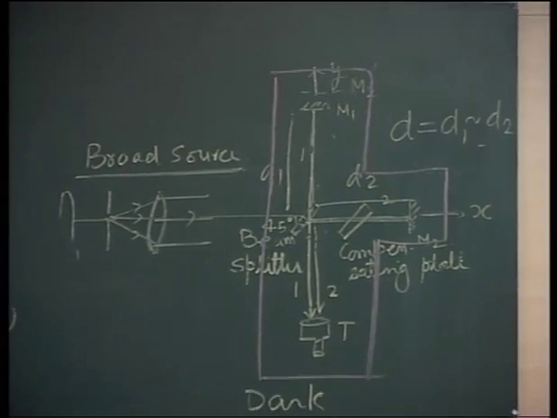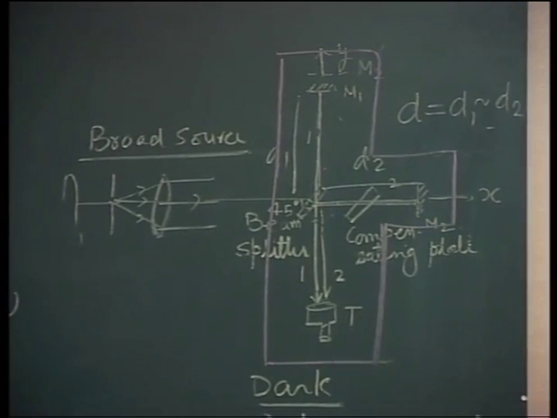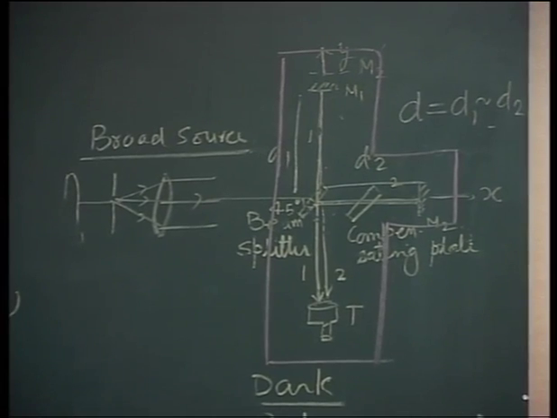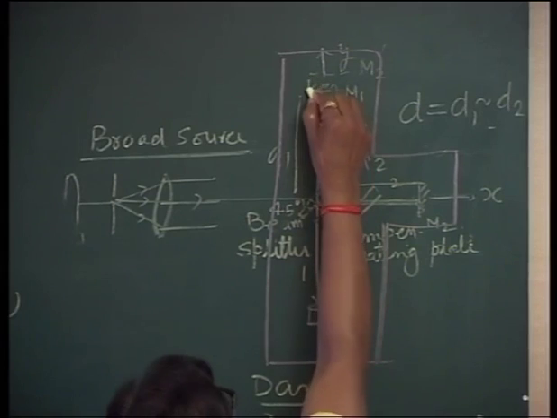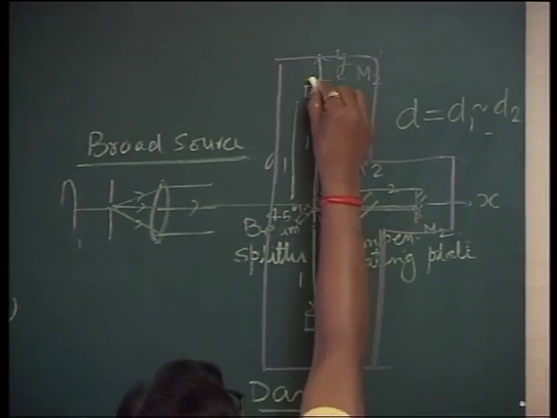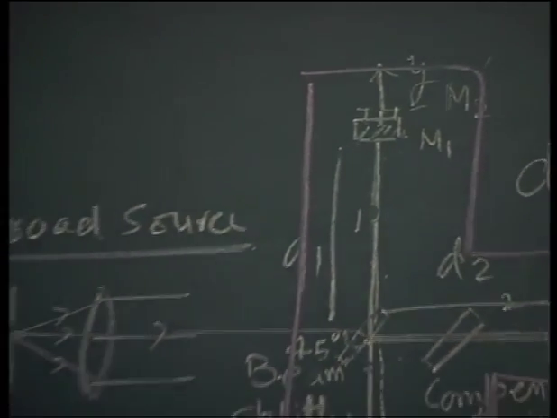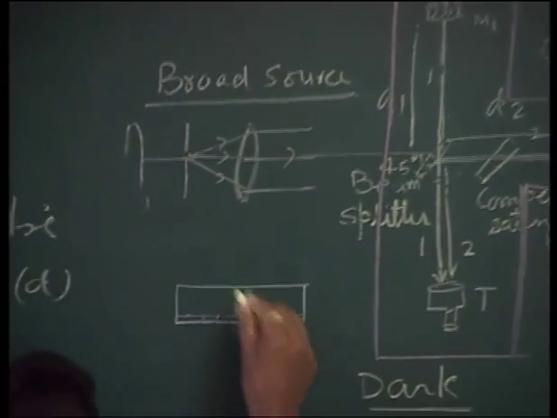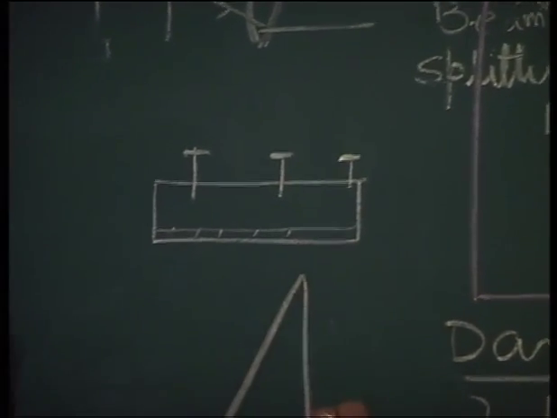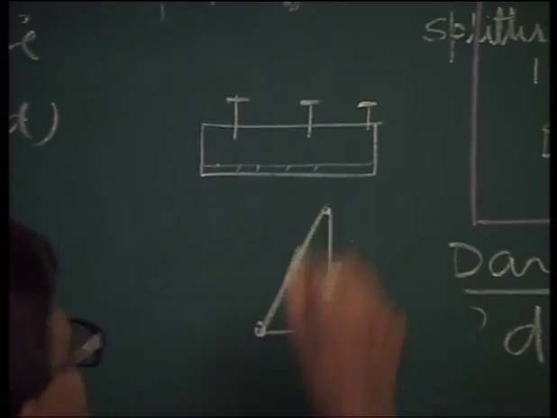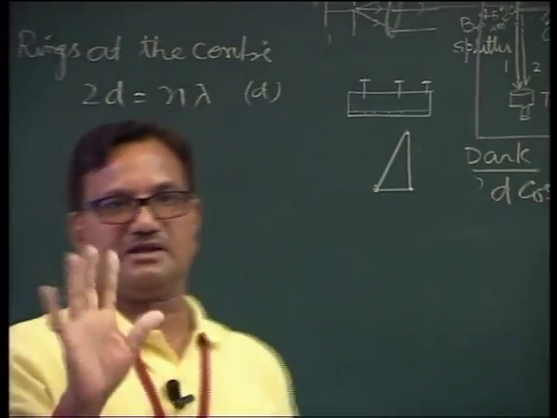Of mirror M1 or M2, here mirror M1 is made movable by mounting it onto a carriage. Before this, it is enclosed in a box with 3 leveling screws like this. This is a mirror and there are 3 leveling screws which are located on the vertices of a right angle triangle, so that this mirror can be tilted in any plane we like.